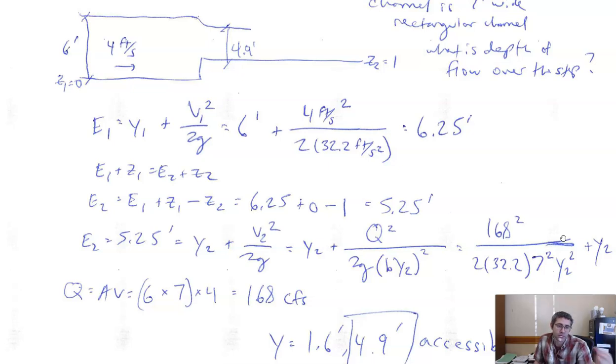And again, I'm going to have 3 intercepts for that. One of them is going to be negative, and then I'll have 2 others. Because I'm dropping in specific energy, going from 6.25 to 5.25, I'm going to the left.